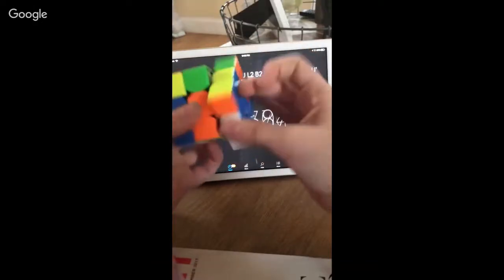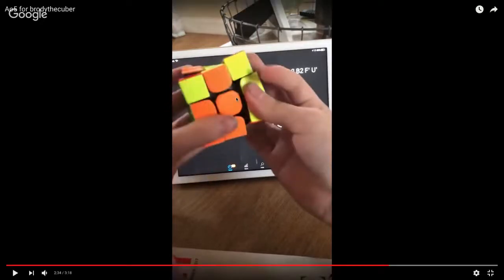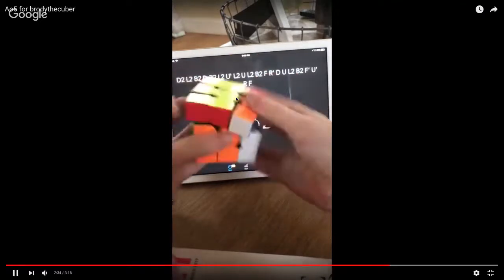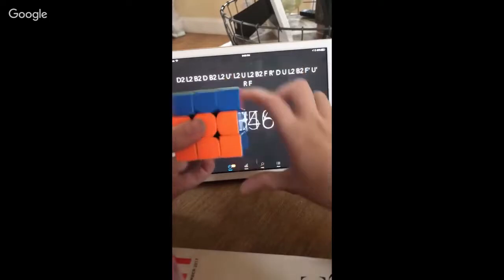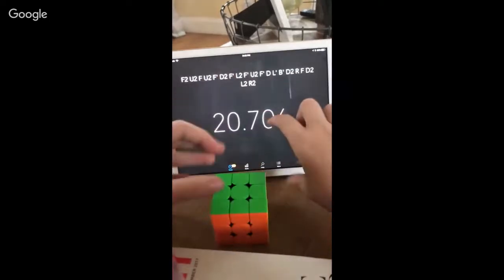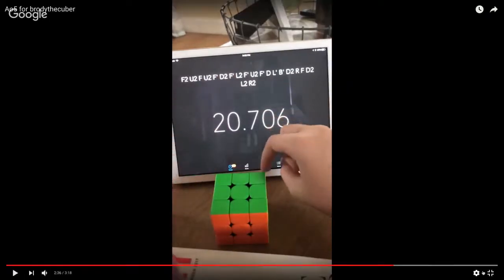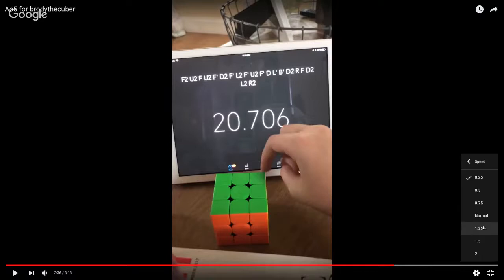It's not that big of a deal, and as long as you're not using the L U2 L prime U2 algorithm for that R perm, then you're fine. Okay. And then you solve that. So that was still a really good solve, even though it was a 20.